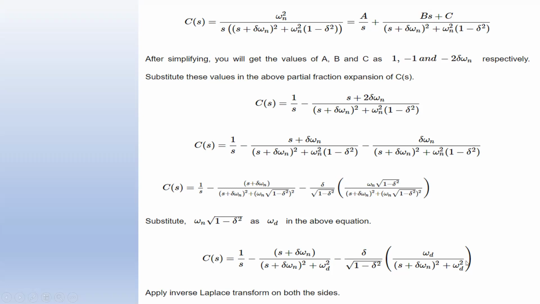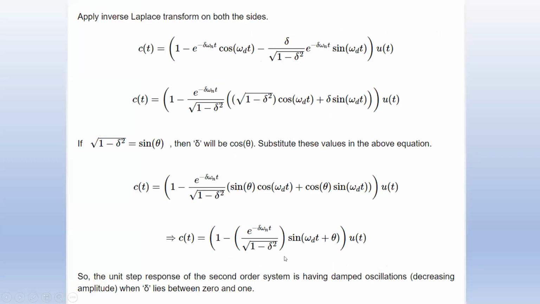So we finally arrive at this formula. Applying the inverse Laplace transform is straightforward: this gives the cosine term and this gives the sine term, thereby giving us this formula.